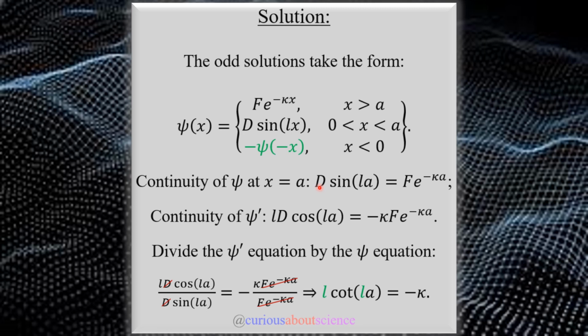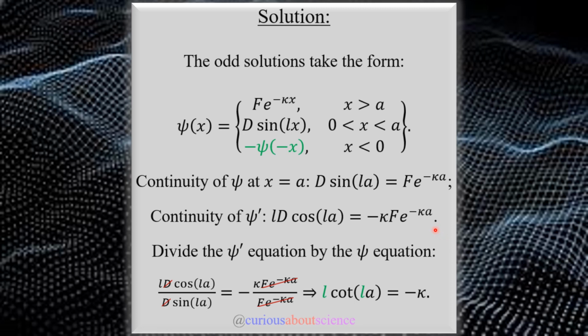So here we just plug in a, no problem there. We need to take the derivative of this statement and plug in a again, so we have the continuity of the derivative at a. And we see that this just gives us an l factor, no big deal. We bring down a negative kappa from the chain rule. Again, no big deal. Plug in a after the fact, and this is what we get.